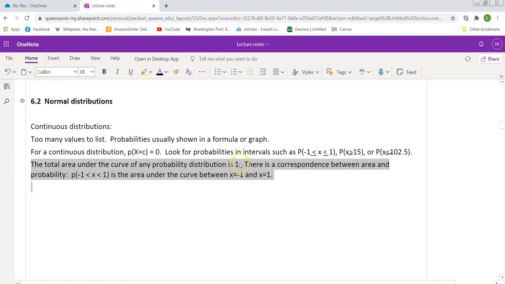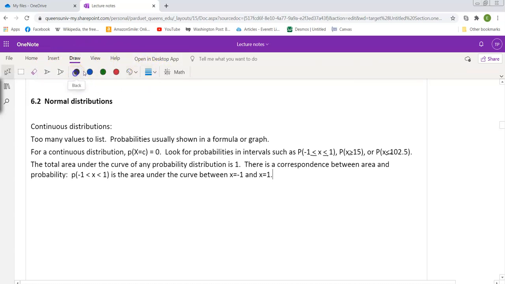How do we find probabilities then? Well, the total area under the curve of any probability distribution is 1. So just think of it as 100%. And I'll sketch something that might be a probability distribution.